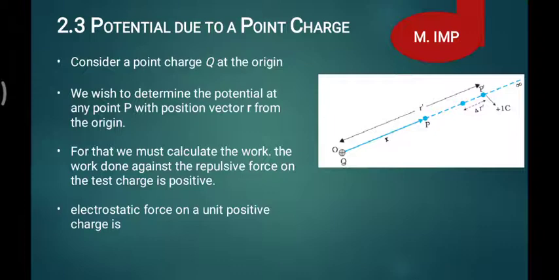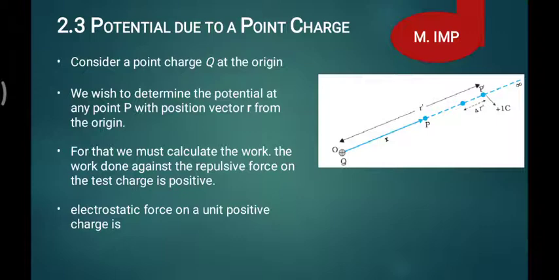Ultimately we need to find how much work you need to do to bring the charge from infinite distance to the finite point P. This is work done against the repulsion force, because the source charge is positive and the charge you are bringing is also positive, so repulsive force acts on the test charge.